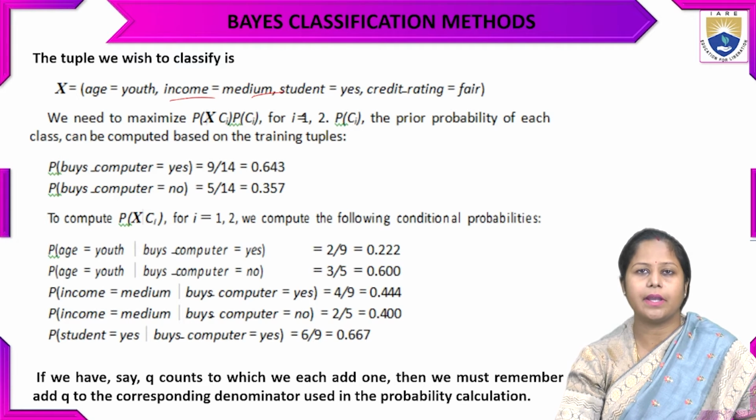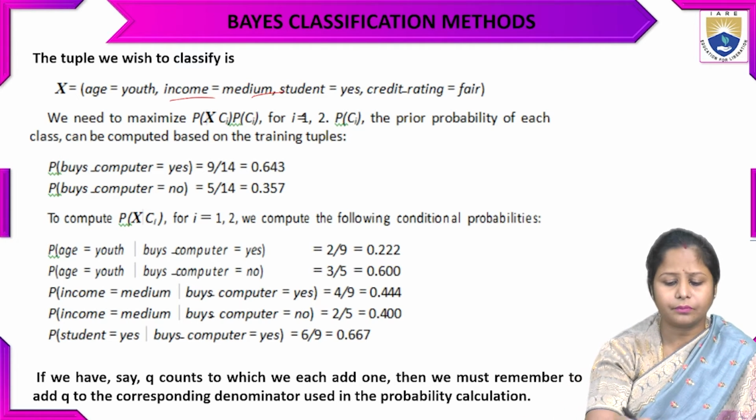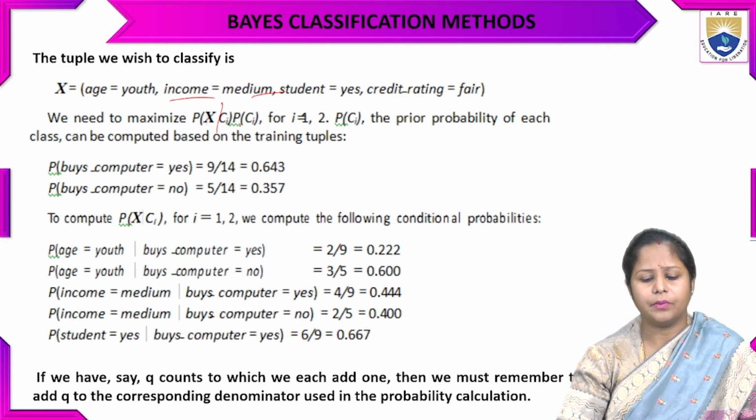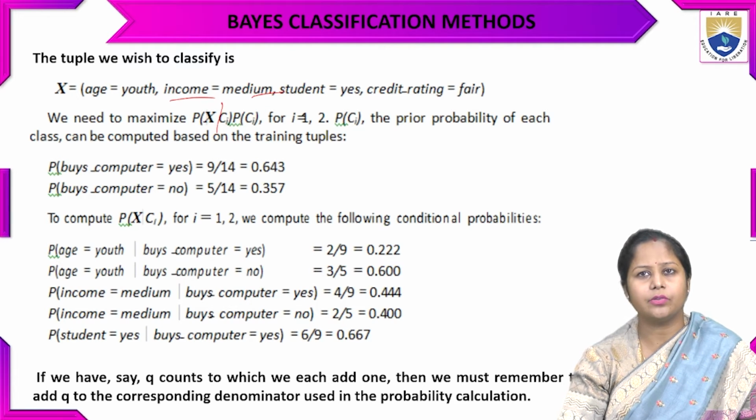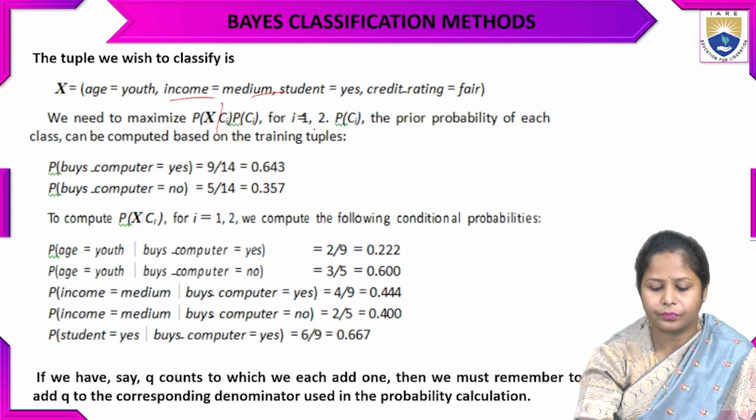We need to maximize P(X|Ci)P(Ci) for i equals 1 and 2.